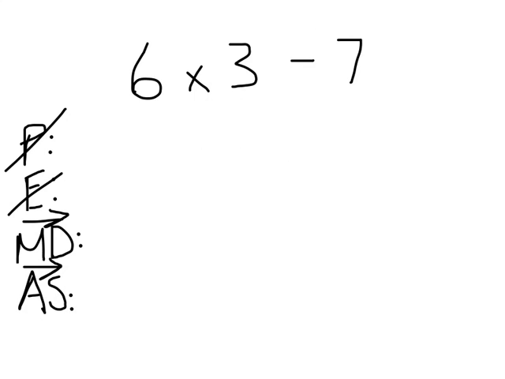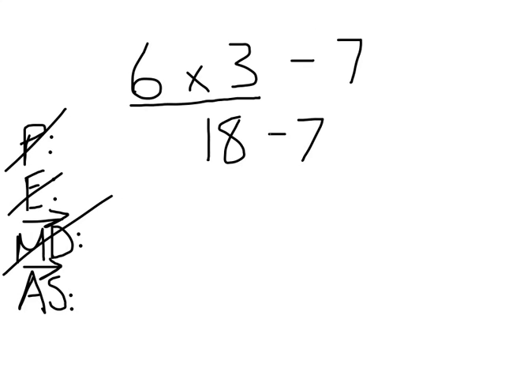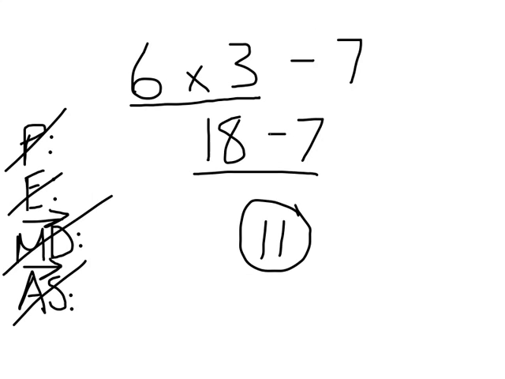What am I going to do first to solve this problem? I'm going to do 6 times 3 because multiplication and division comes before addition and subtraction. So, what is 6 times 3? 18. And I can just bring down my minus 7. I'm done with multiplication and division. All I have left to do is add or subtract. 18 minus 7 is 11.